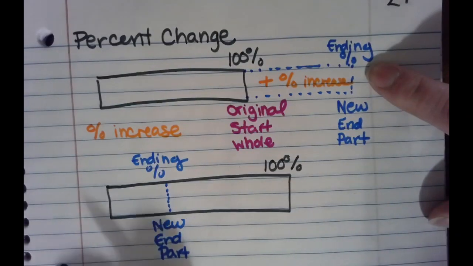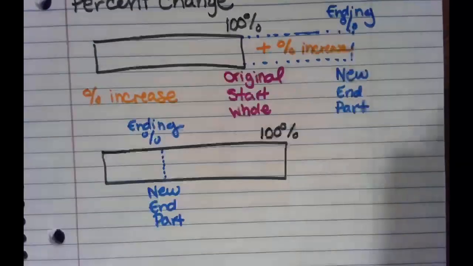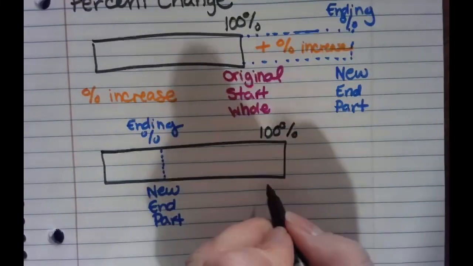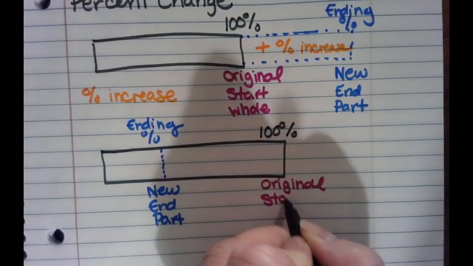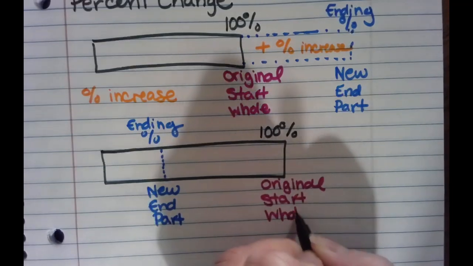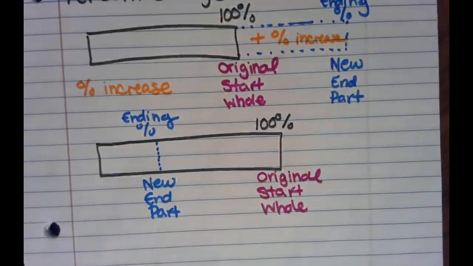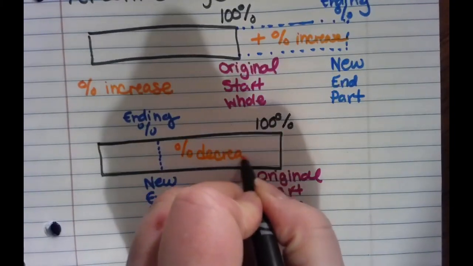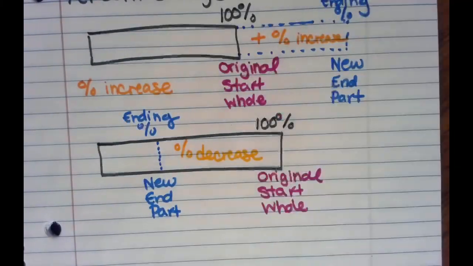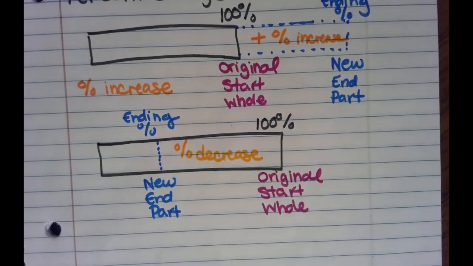Basically, we always start at 100, and then we either go up or down from there. We call this the original, the start, or the whole. And this would be a percent decrease, because we lost, right? So let's see how this actually works in some problems.